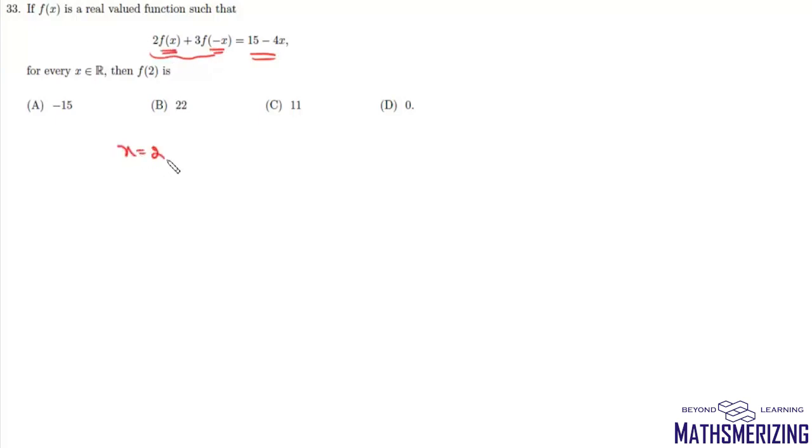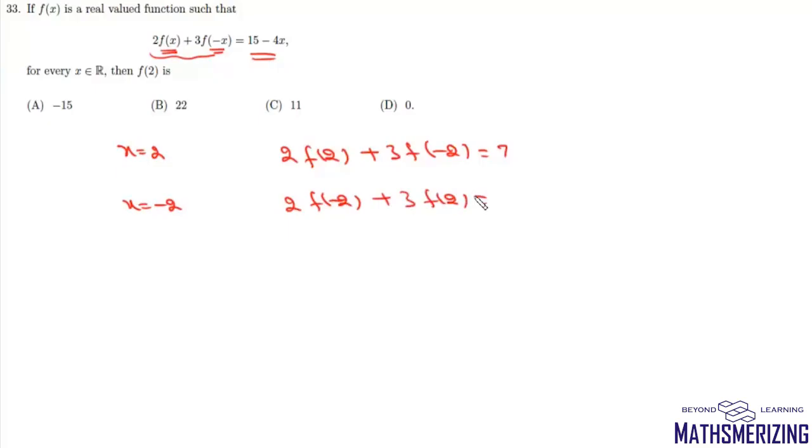Now we'll put x as 2, we'll get 2f(2) plus 3f(minus 2), and it'll be equal to 15 minus 8, which is simply 7. In the same way, we'll put x as minus 2, we'll get 2f(minus 2) plus 3f(2), equal to 15 plus 8, which is simply 23.